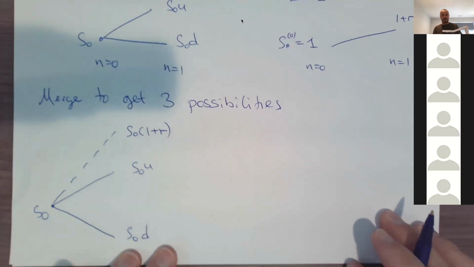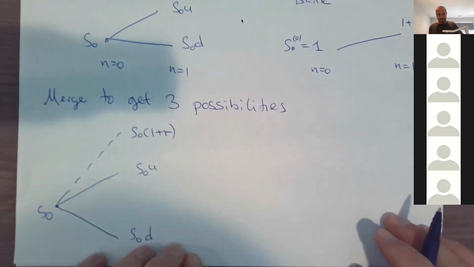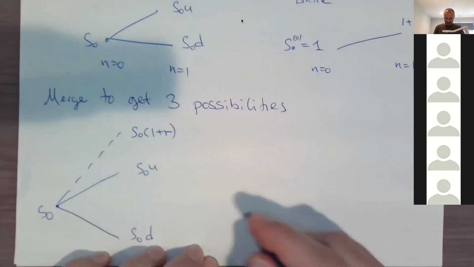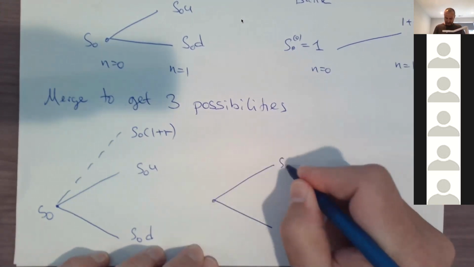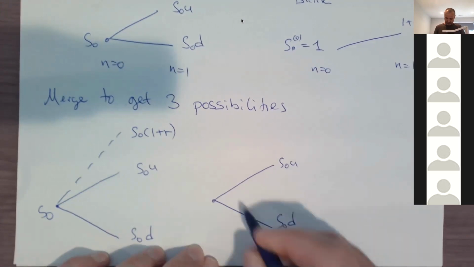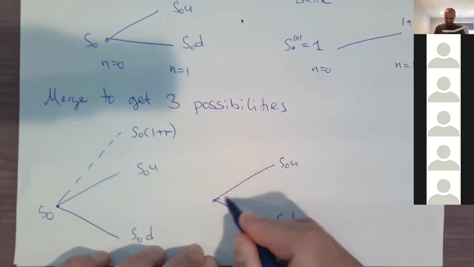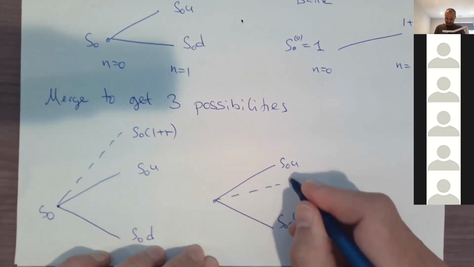That's possibility 1. Possibility number 2 is I have my S0U, my S0D. The second possibility is that it sits in here.